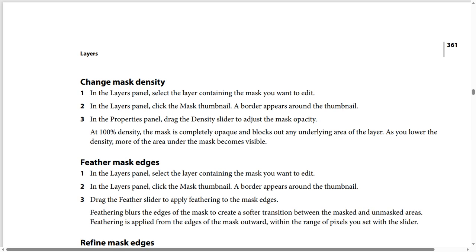In the properties panel, drag the density slider to adjust the mask opacity. At 100% density, the mask is completely opaque and blocks out any underlying area of the layer. As you lower the density, more of the area under the mask becomes visible.